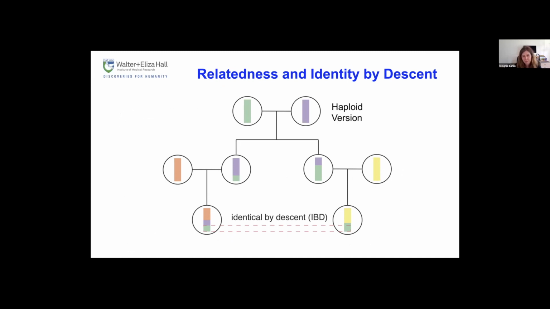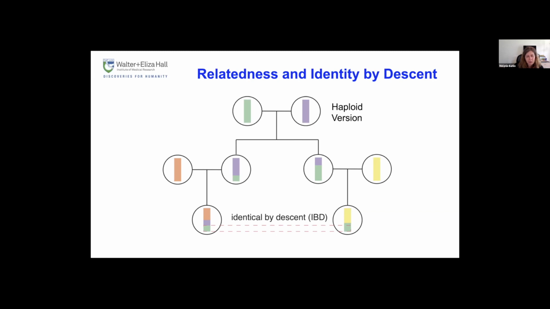It's not really a human pedigree per se, kind of a subset of a human pedigree. In particular, I want you to look at the bottom two individuals, and they share a common ancestor.